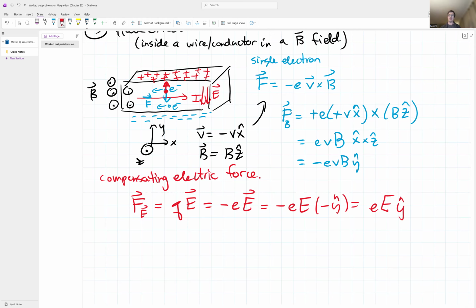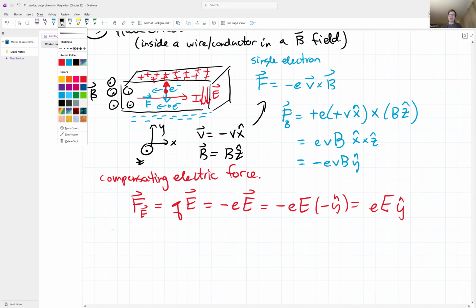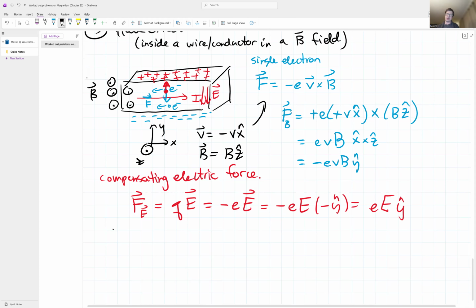And eventually, charge will accumulate until the electrons no longer feel a force, right? Charge will accumulate until the electric and magnetic forces cancel, because once they cancel, the electrons are just free to move through the conductor, and they're not going to collect anymore on the bottom because they'll no longer feel a net force.